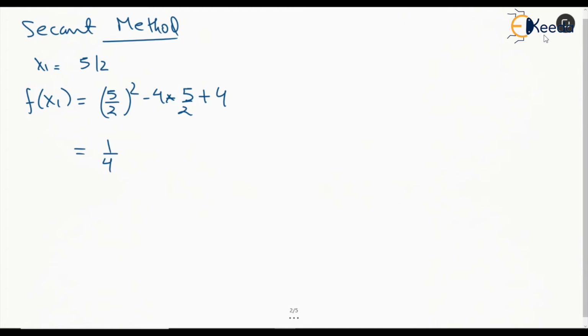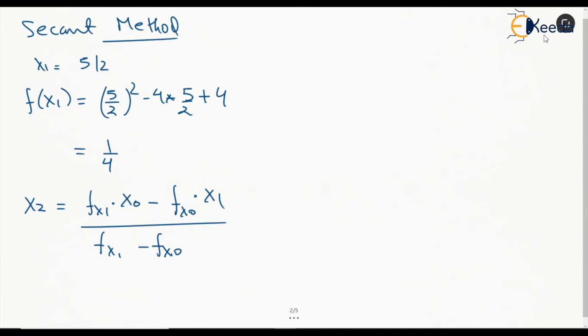So we need to find x2, and as per the second method it is going to be f of x1 into x naught minus f of x naught into x1, divided by f of x1 minus f of x naught, right? We have all these values.